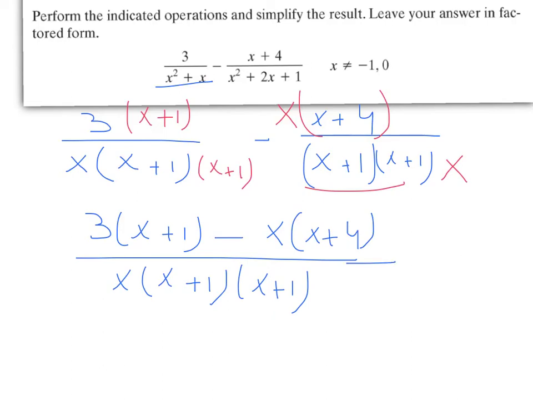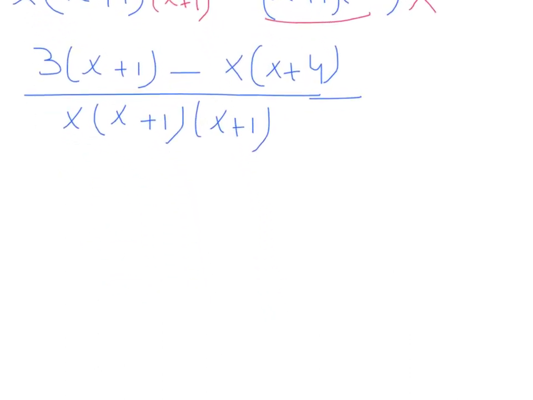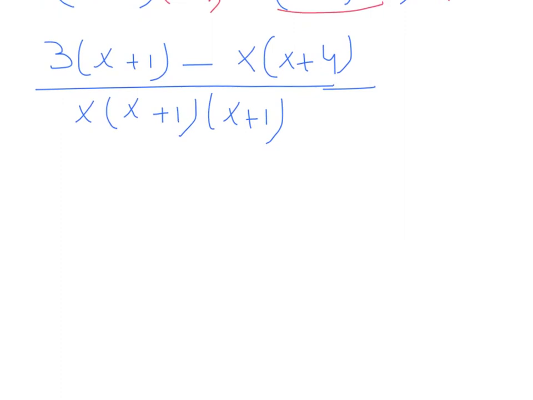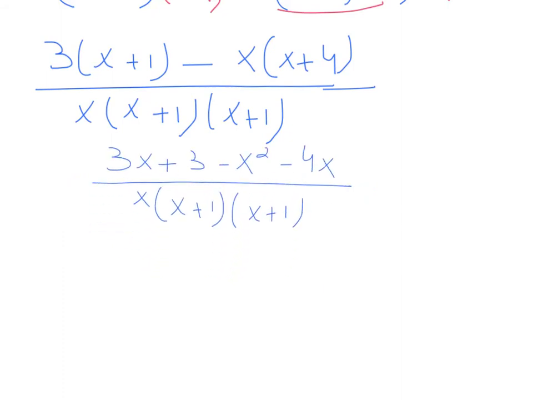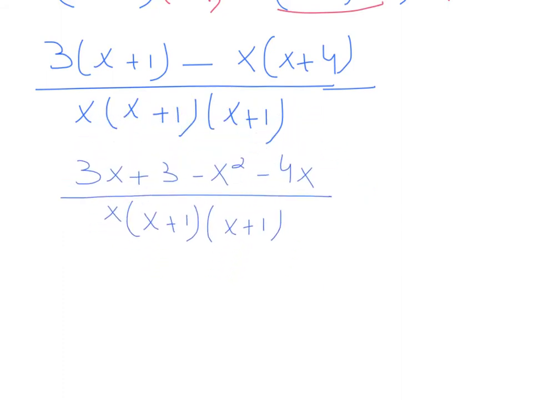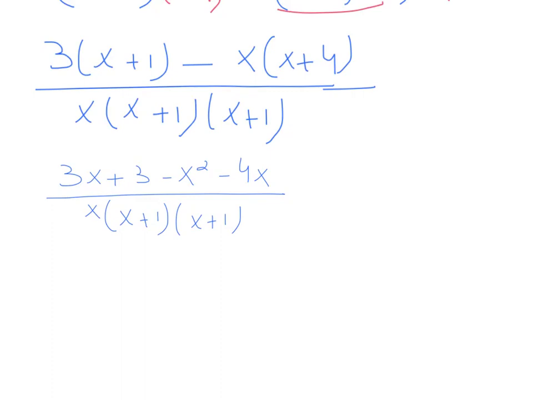Okay, so we continue here. We get 3x plus 3 minus x squared minus 4x over x times (x plus 1) times (x plus 1). Let me just get space here.